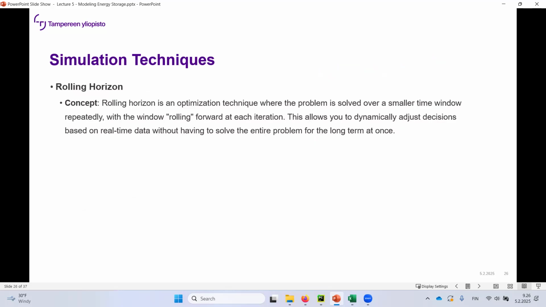Then this rolling horizon, in my opinion, is a lot better system. Rolling horizon is more comparable to reality. You have a 24-hour window in which you're going to make the optimization. You're not interested in exactly the price point, you're interested in whether you're going to charge or discharge, but you make the optimization for 24 hours.